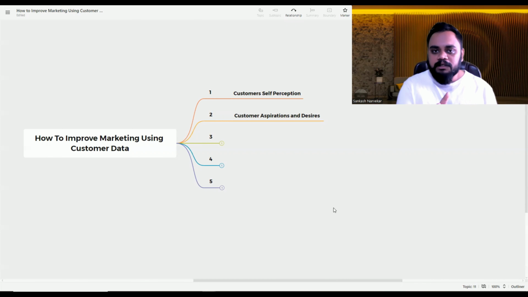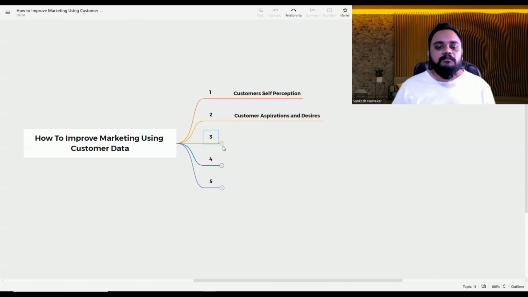So you get the point, right? When you keep on asking why for one desire, you might be able to narrow down to the ultimate core desire that somebody wants. And if you can work on the core desire rather than the subsurface desire, the customer might be able to resonate with you in a much better manner. So that's the second thing: to first understand the core customer aspiration and desire.